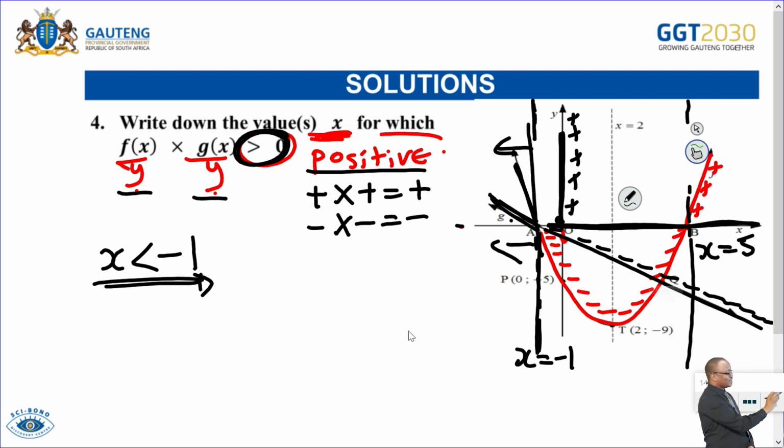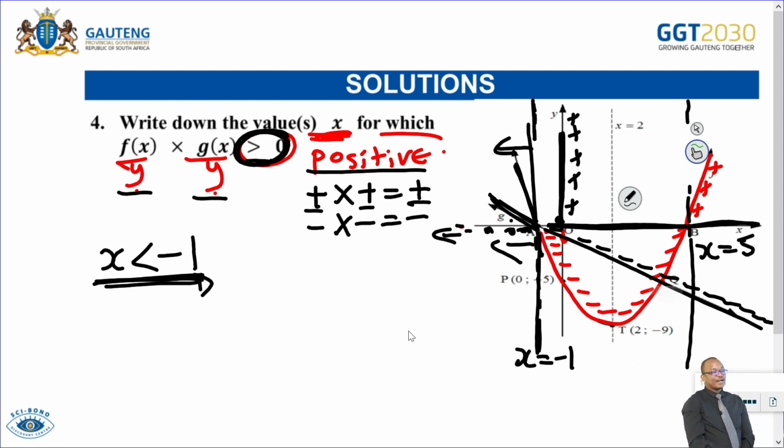That's why I'm saying you will get greater than 0, which is positive. Remember, multiplying positive and positive is positive, which is greater than 0. When x values are less than -1, we're talking about -2, -3, -4, up until -infinity.